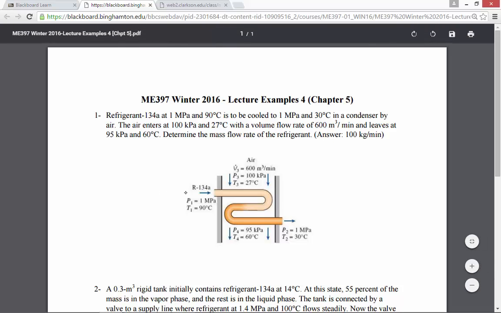So whatever refrigerant comes in leaves the system. So m dot 1 equals m dot 2. And likewise for air: air is coming through the duct and then it leaves. Same mass, because mass should be conserved.